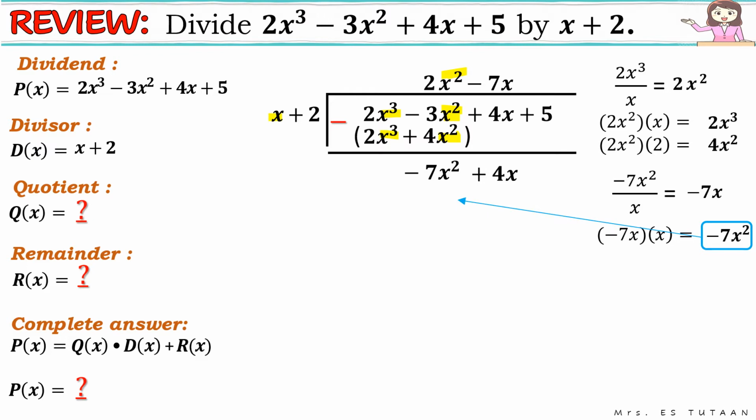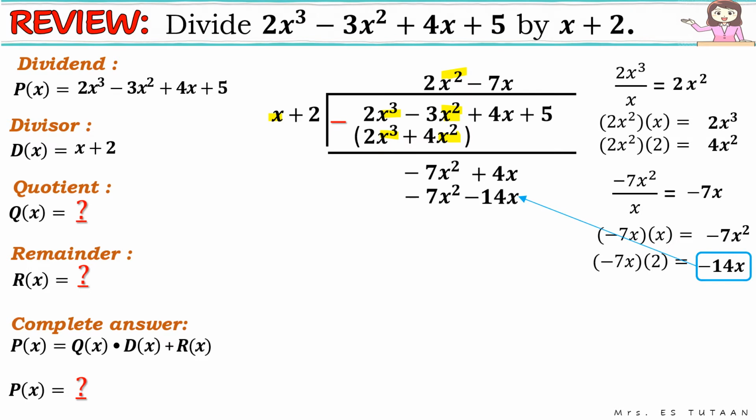That will give us negative 7x squared. So, sulat din ulit natin dyan. Make sure na pantay-pantay para hindi malito. And then, we will multiply negative 7x times 2. That will give us negative 14x. So, dyan din yan sa align with the x term.